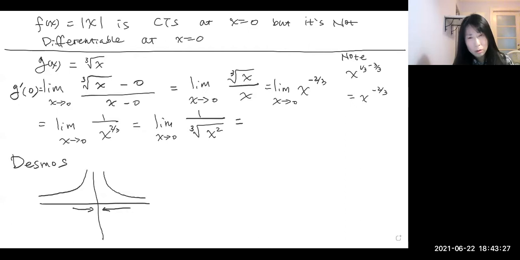So I'm talking about the limit. What's the limit when x approaches 0 of 1 over x to the 2/3? Is it infinity? Infinity, yes.